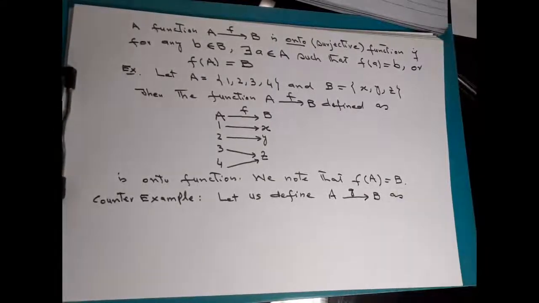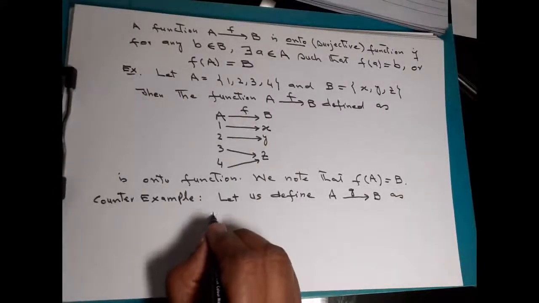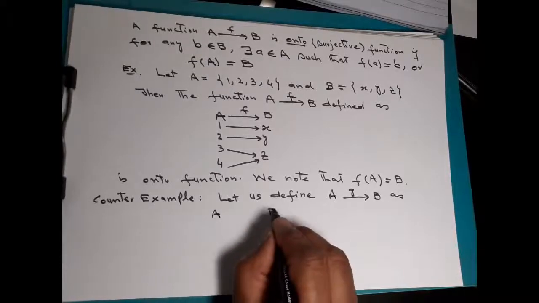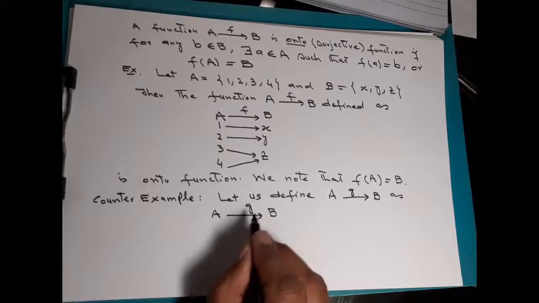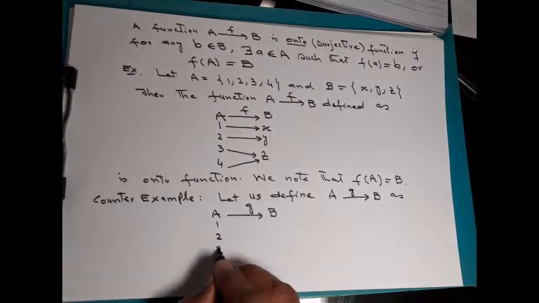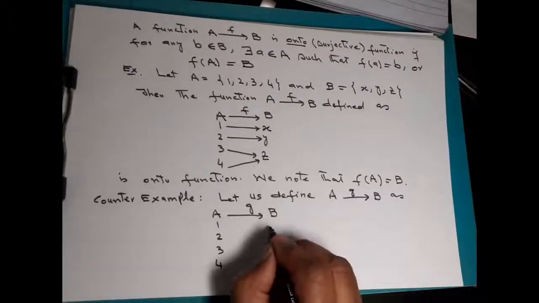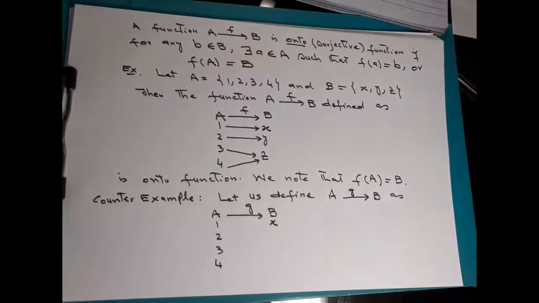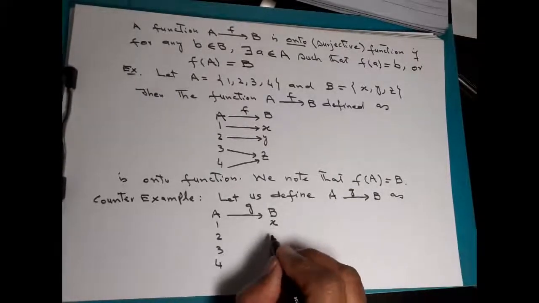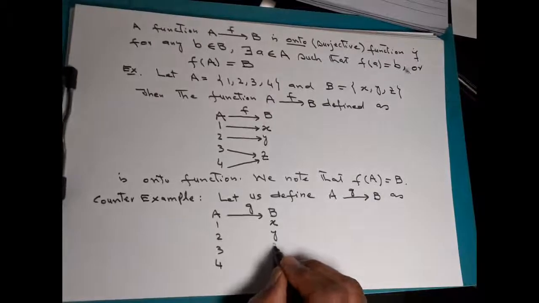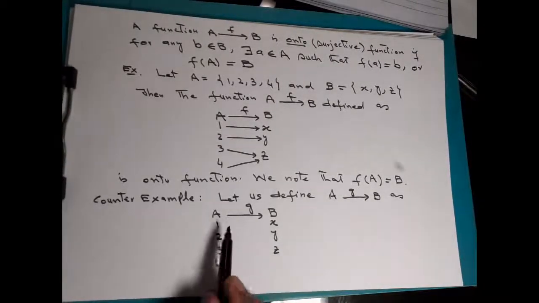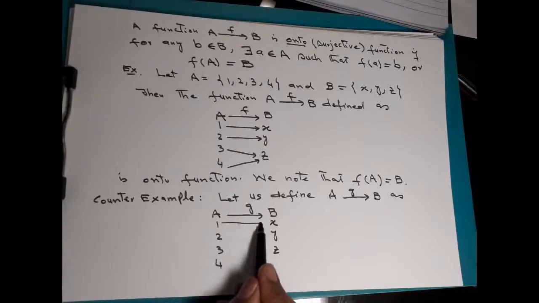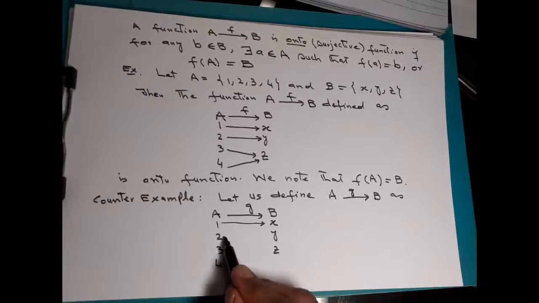This is set A, this is set B. Elements of set A are 1, 2, 3, 4 and elements of B are x, y and z, and let the function g take 1 to x and 2 to x as well.